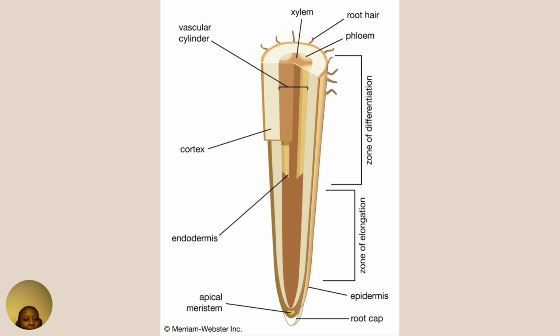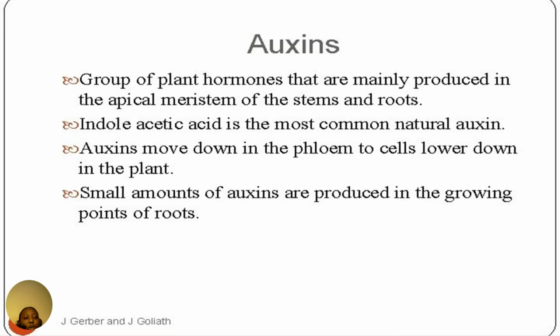If you look at that picture, that yellow patch is where you find auxins being produced. Small amounts of auxins are produced in the growing points of roots, not a large amount.